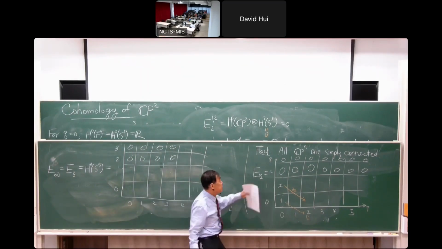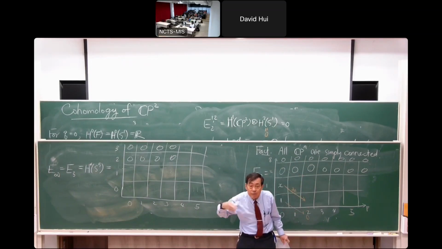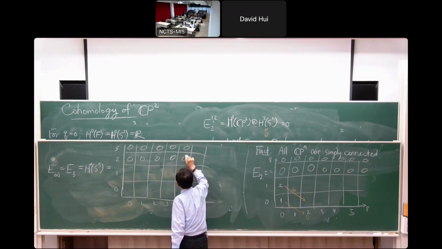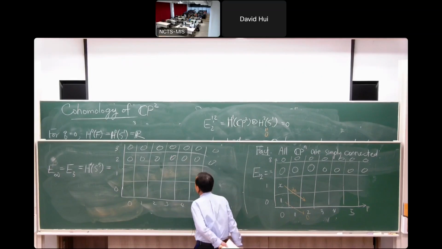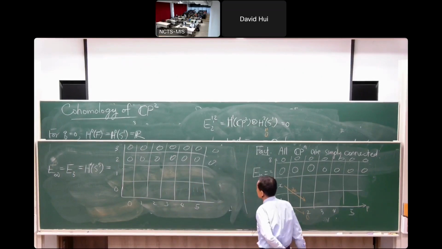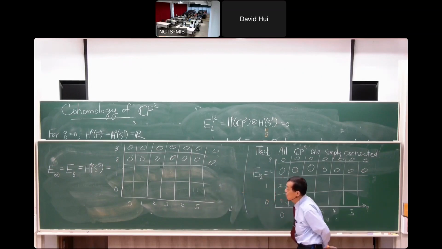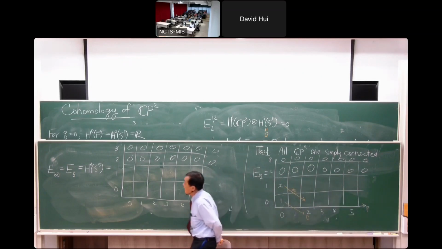Okay, in the spectral sequence, once it's zero, it's always zero. Right? You're taking cohomology of zero, and that will always be zero. Okay, so E infinity can have only these two non-zero rows, and it's going to be the cohomology of S5.